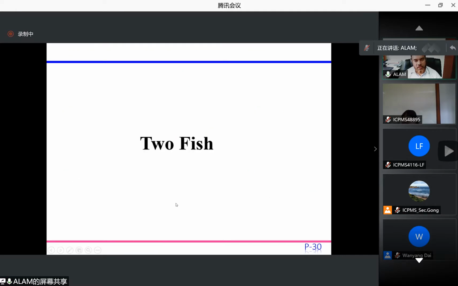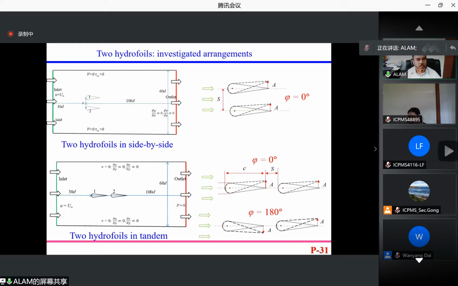Then if we want to put two fish, like fish schooling, then we use two fishes side by side, and we oscillated the two fish in phase, phi equals 0, that means in the same direction like this, and also the anti-phase, phi equals 90 degree, that means it is something like this, at the same time.